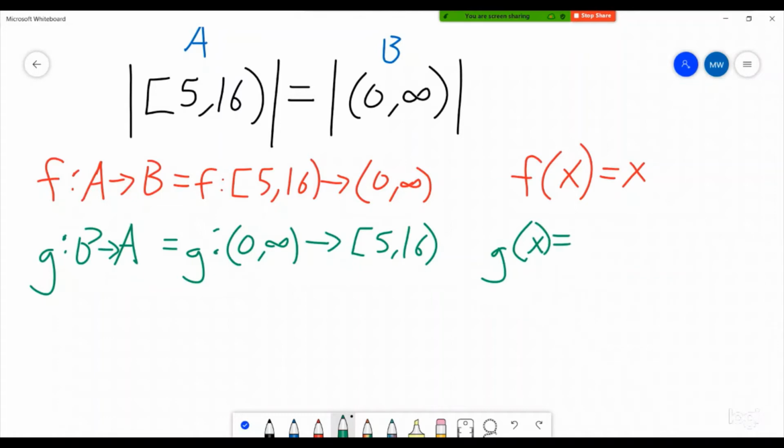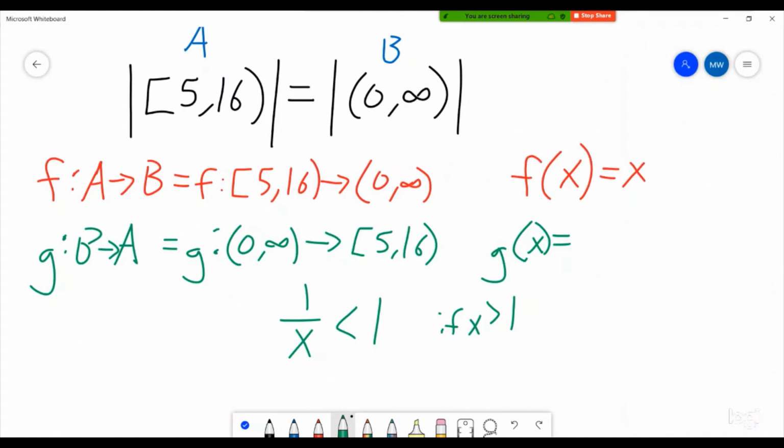Well, if we're dealing with numbers bigger than 1, 1 over x is always going to be smaller than 1 if x is bigger than 1. So that would be helpful. It would shrink the 1 to infinity part down to just an interval from 0 to 1, which is definitely a smaller interval than 5 to 16, because we can easily fit an interval of length 1 in there.